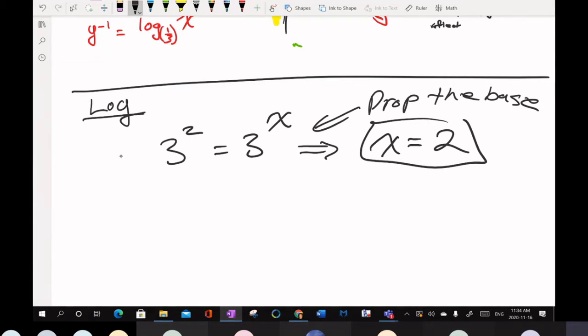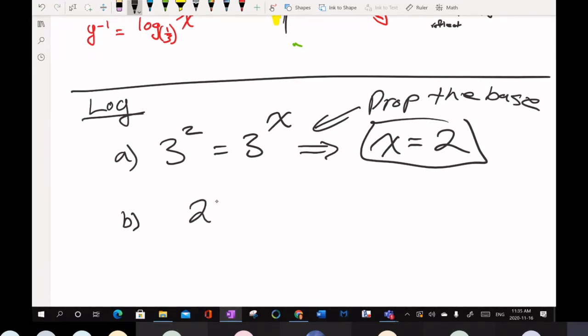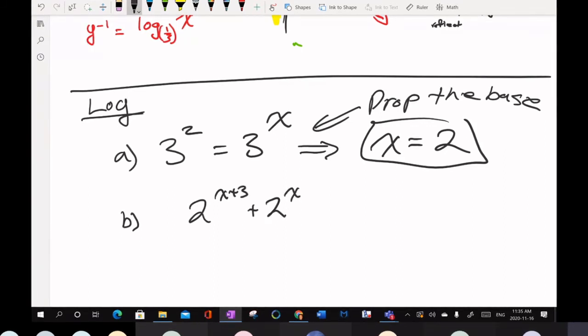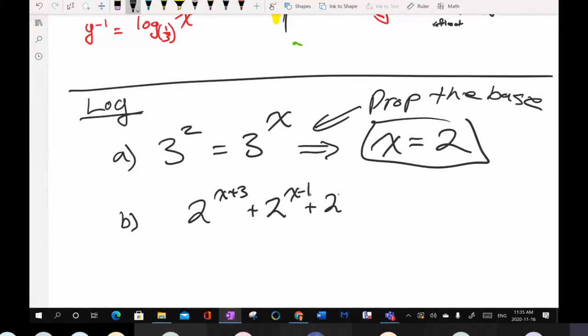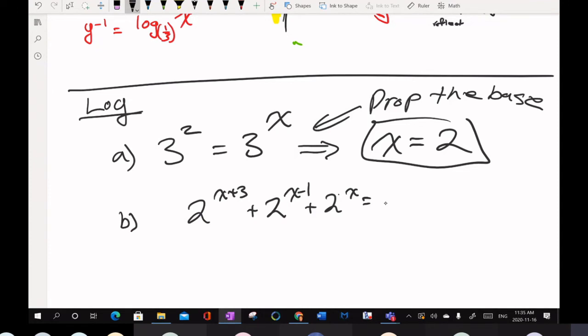All right. So the next thing that I would like to look at is this. Let's say I have an equation: 2 to the x plus 3, plus 2 to the x, plus 2 to the x minus 1, times 2 to the x is equal to, let's make it 64.